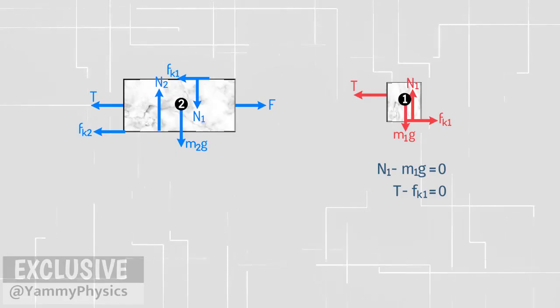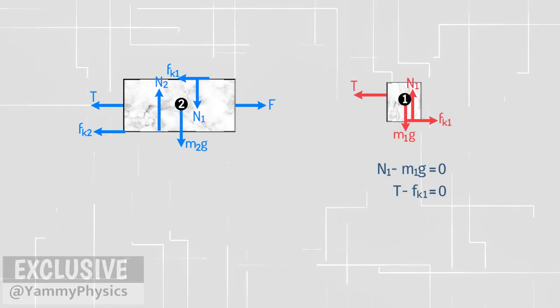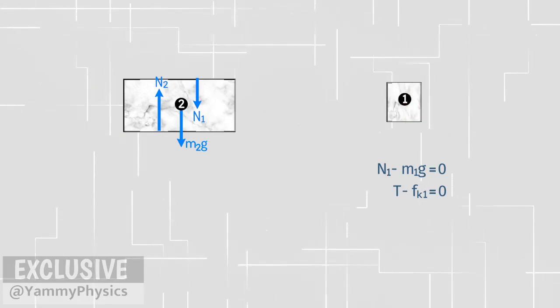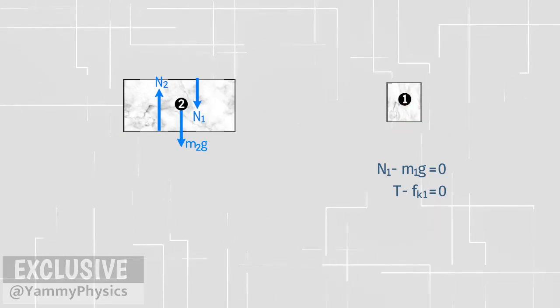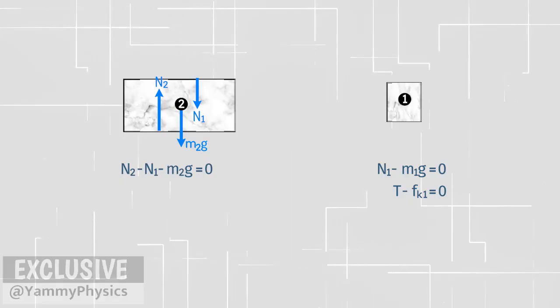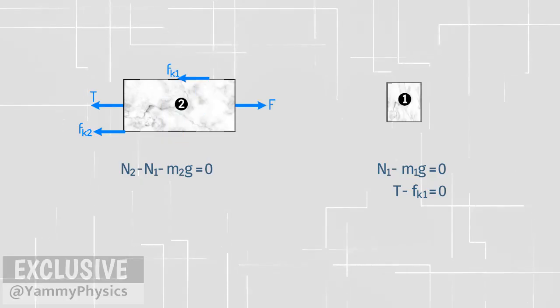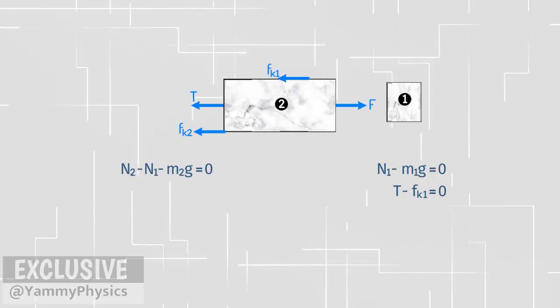For block 2, we will also analyze the resultant force in two directions. For the vertical direction, there are 3 forces. N2 minus N1 minus m2g is equal to 0. For the horizontal direction, block 2 moves to the right.